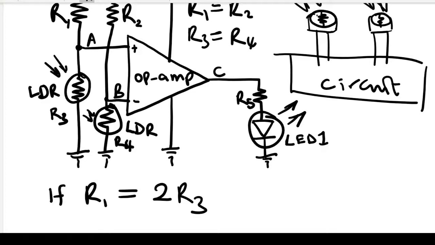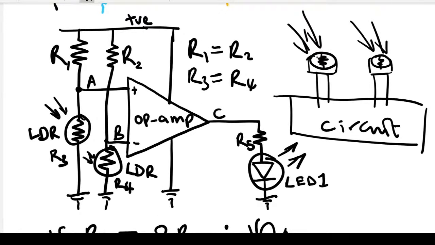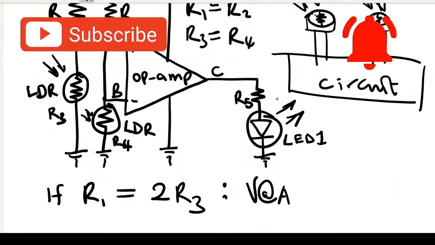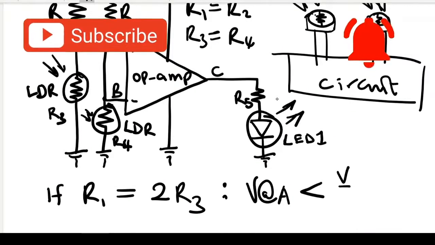It means that the V at A is going to be less than V over 2.